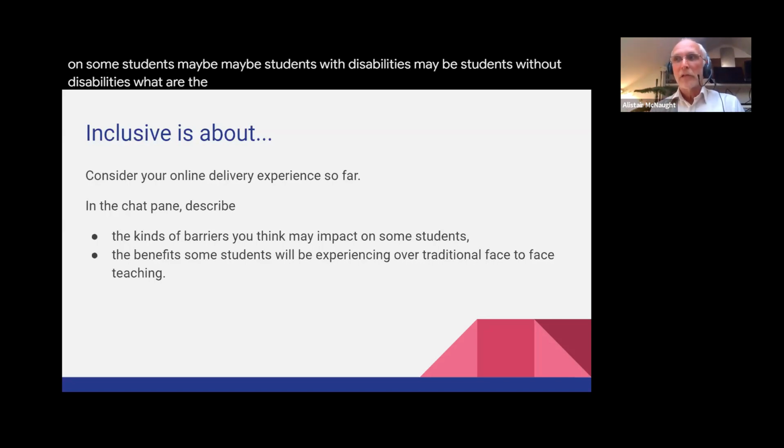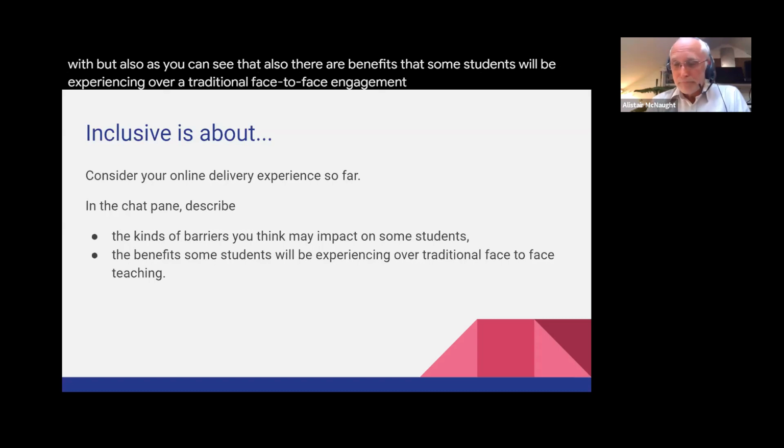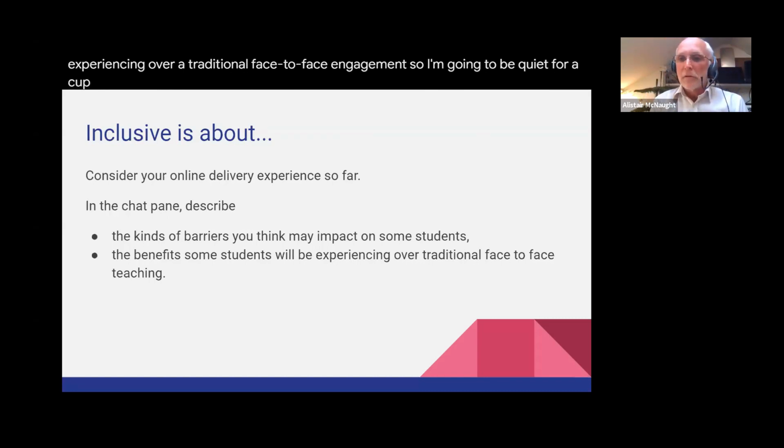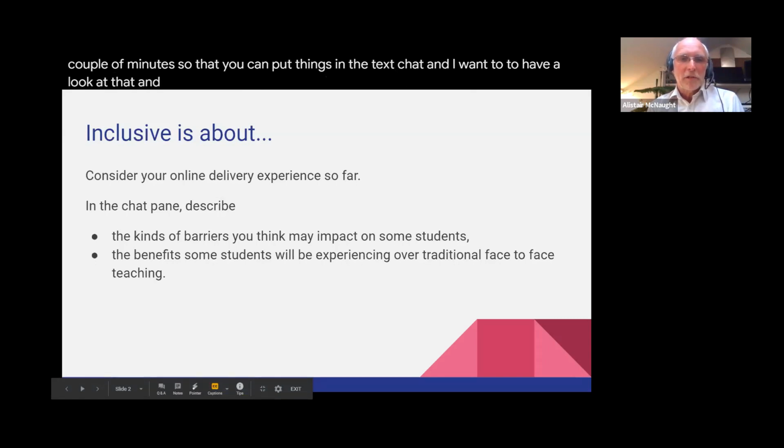What are the barriers that online learning is facing you and your students with? But also, as you consider that, there are benefits that some students will be experiencing over a traditional face-to-face engagement. So I'm going to be quiet for a couple of minutes so that you can pop things in the text chat, and I want to have a look at that and comment on them as they come in.